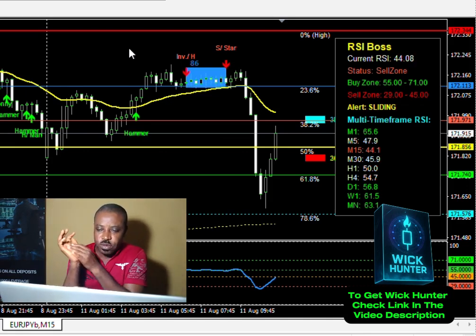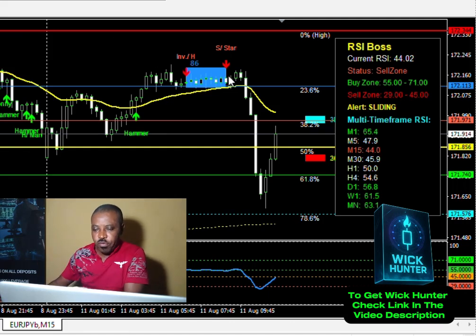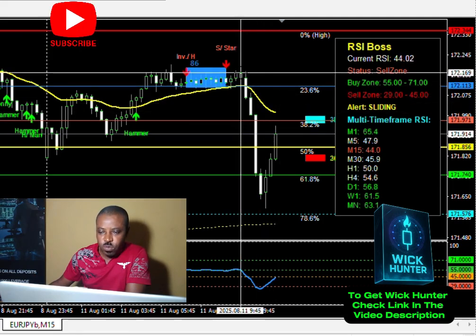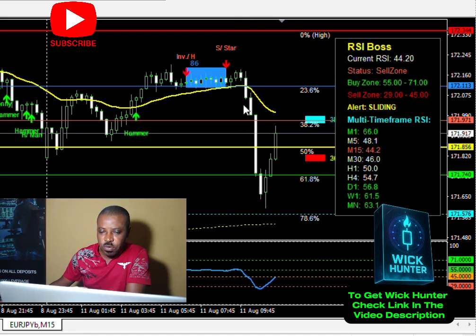So either of the two trades gave you a reasonable entry point as well as a reasonable stop loss. So from that moment, we saw this big drop that gave us 51 pips take profit.